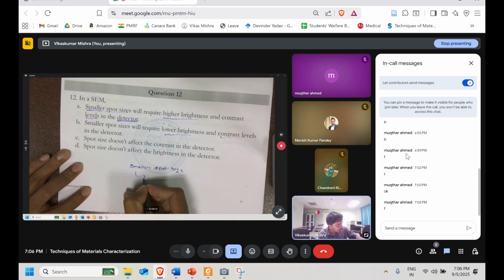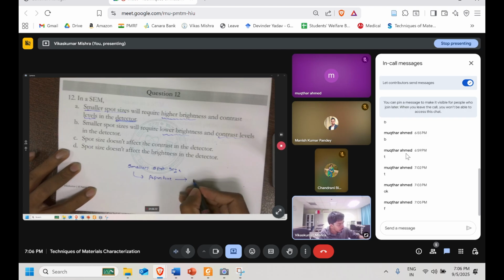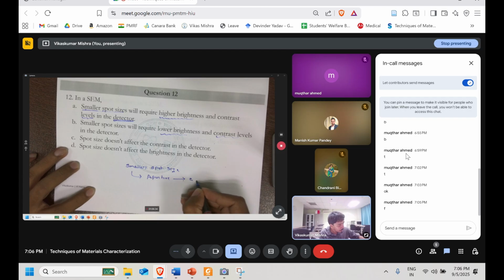Why did it happen? It happened because you use the aperture. If I'm using the aperture, I'm blocking the electron beam which was there.